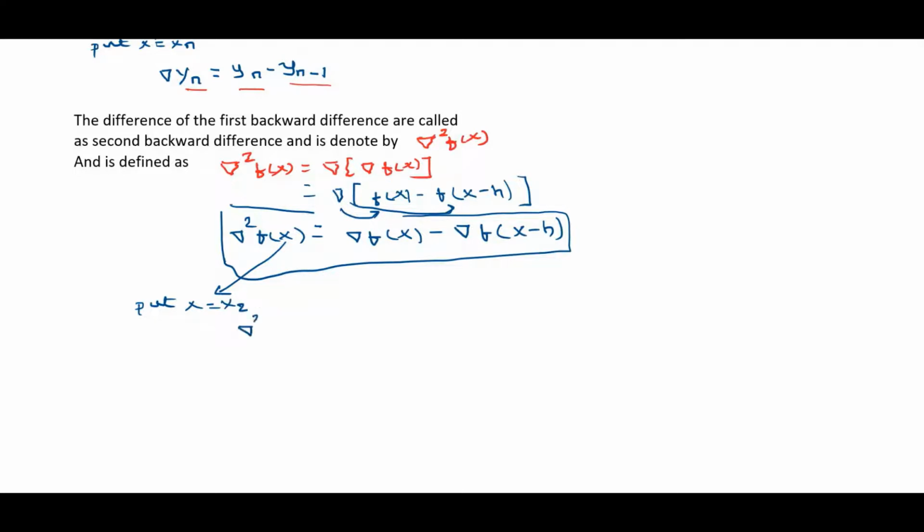Del square f of x2 is equal to del f of x2 minus del f of x2 minus h. I will write del f of x2 as it is, minus del f of, what is the value for x2 minus h?